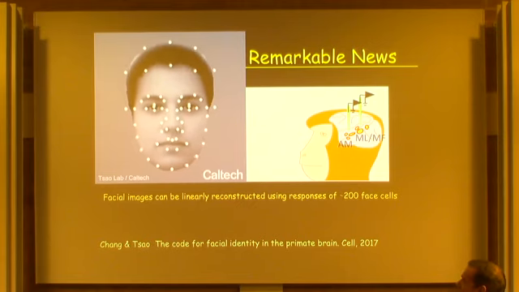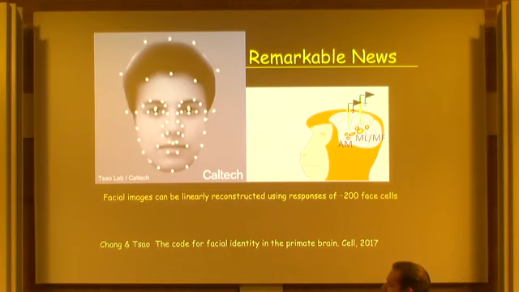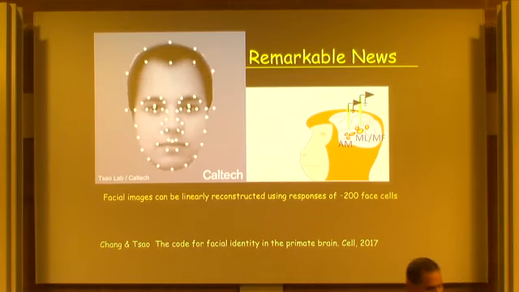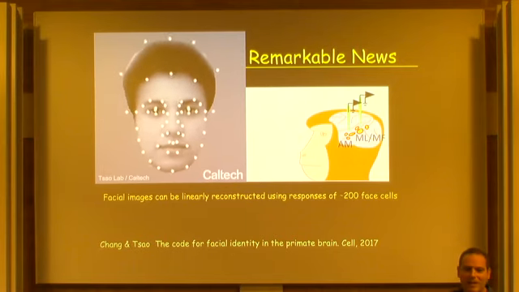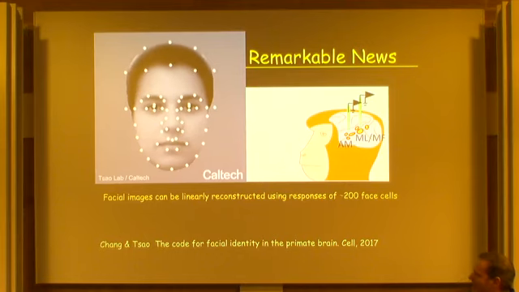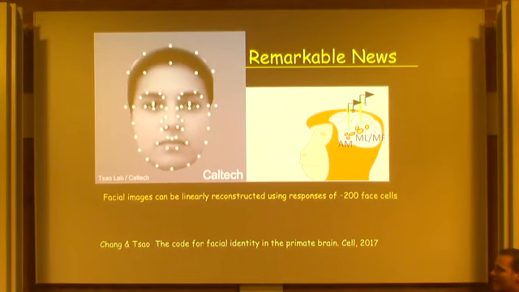And from these 200 numbers, she is able to reconstruct back these images with very high accuracy, very high fidelity. And the question is, what can we do without opening skulls of monkeys? I mean, can we do better in some computational experiments? So remember these 200 numbers, because we'll come back to it in the next slide.